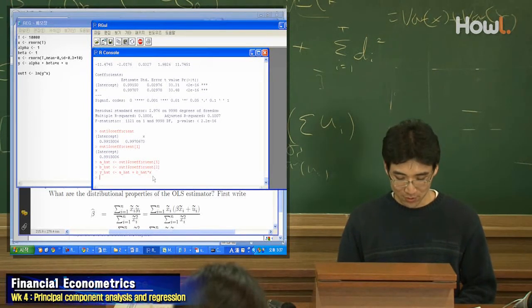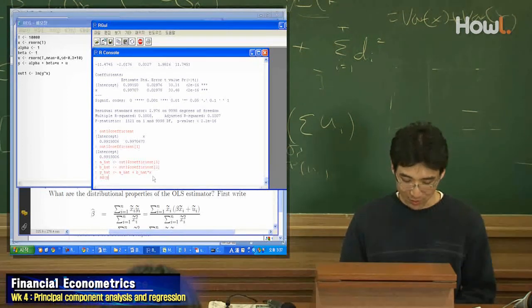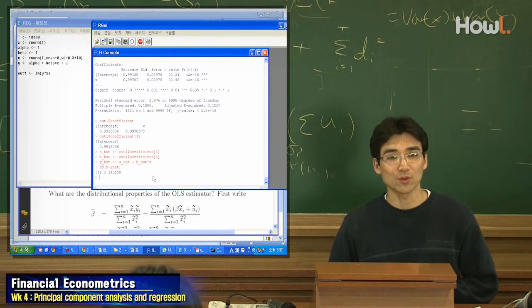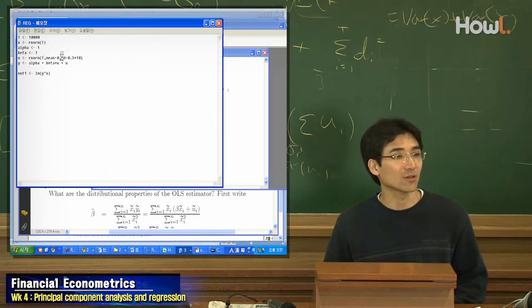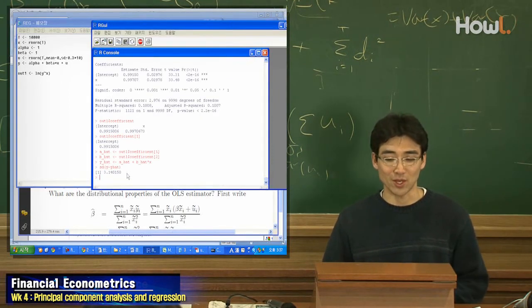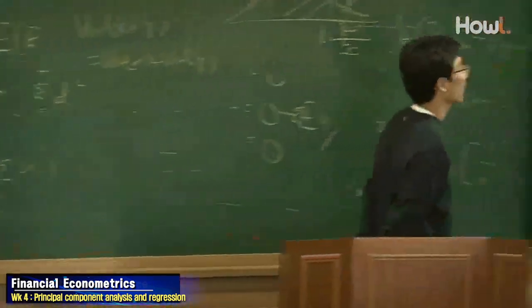So now check the error value. Actually, the SD, standard deviation of y minus y hat, is now 3.14, which is a lot closer to the true standard deviation 3. Right? Since we have larger data, we have a more accurate estimate of the true variance.